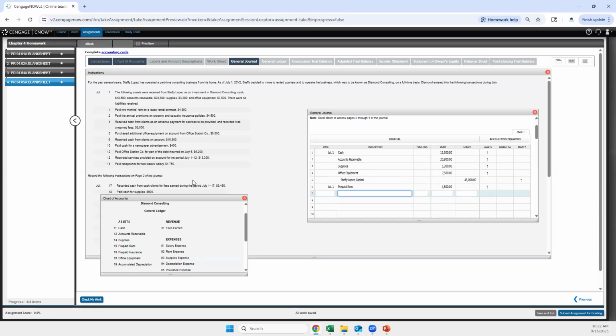This is the general journal. As we post, remember that we post each one of our transactions, we're going to add the post ref, and the post ref will be the account number of the general ledger that we're posting it to. So cash would be 11, as we can see in our chart of accounts. But the prepaid rent, we're going to credit cash because we paid prepaid rent.